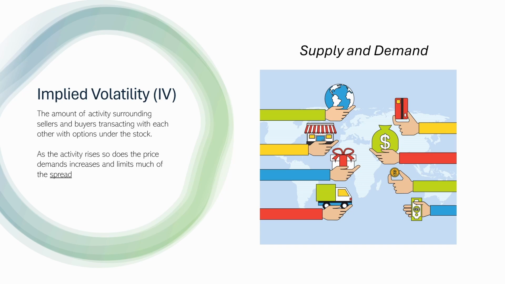And if there's more supply than demand, it's in terms of sellers. But more often than not, you will see that volatility is mostly revolved around how often buyers or sellers want to transact with each other. And that determines the implied volatility.